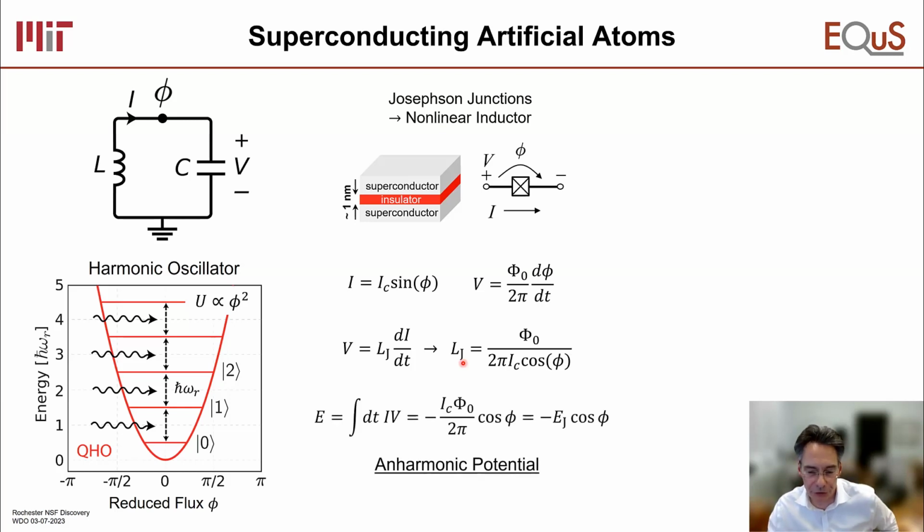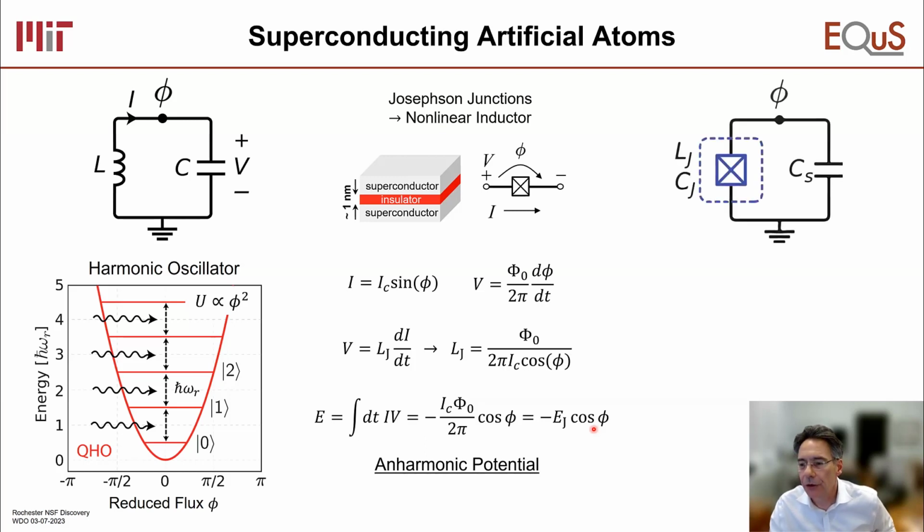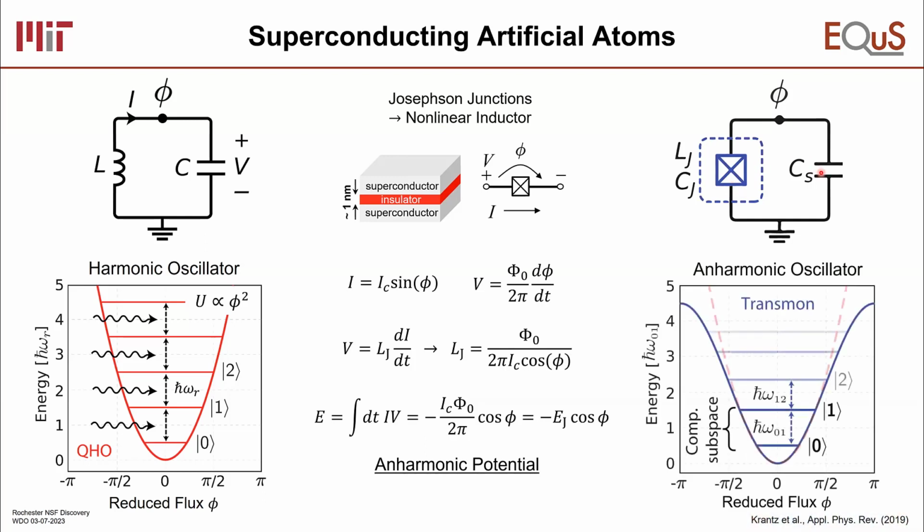In fact, the energy we can calculate by multiplying I times V and integrating over time. The energy goes as a cosine. So it is an anharmonic potential. By making a circuit that has a Josephson junction inductance in parallel with a capacitance, we find that rather than a harmonic potential, shown in the dashed red line, we actually get a cosine potential in the blue line. The consequence is that the level transitions are no longer equal or degenerate.